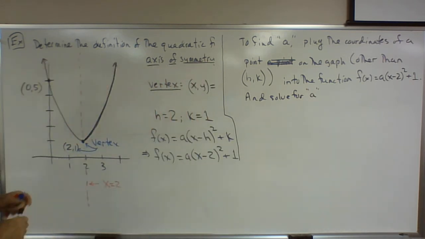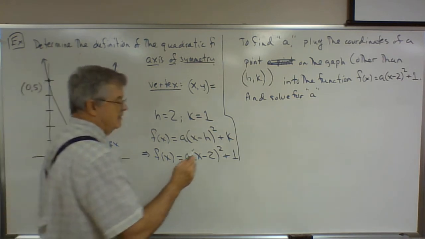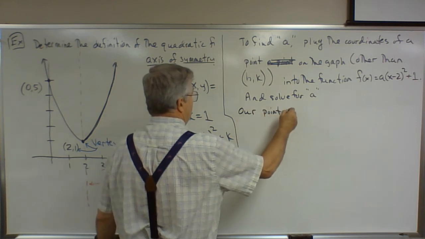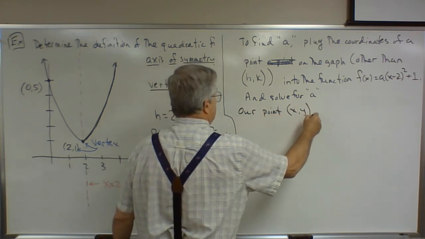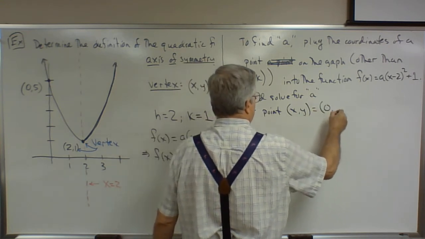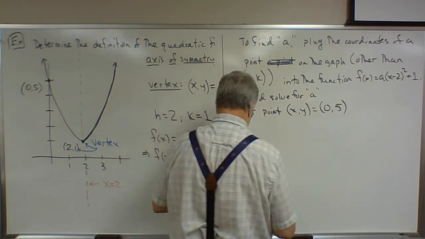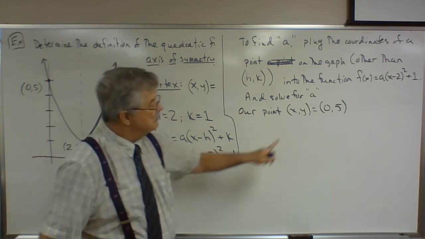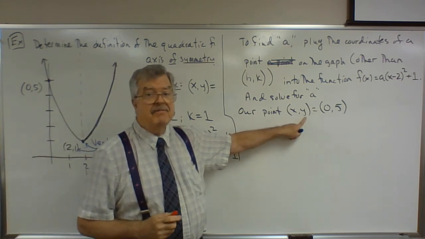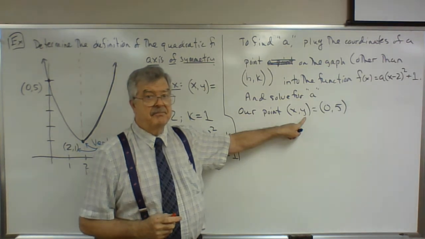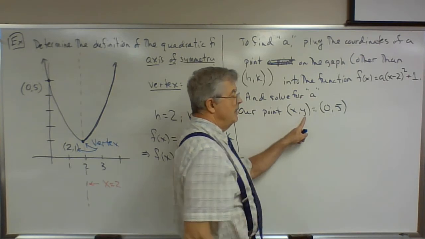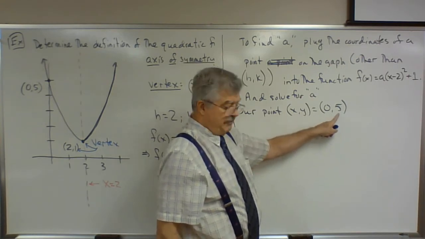Well, here's our point, x equals 0, y equals 5. And remember, y and f of x are the same thing. So this is saying that when x is 0, y or f of x equals 5.